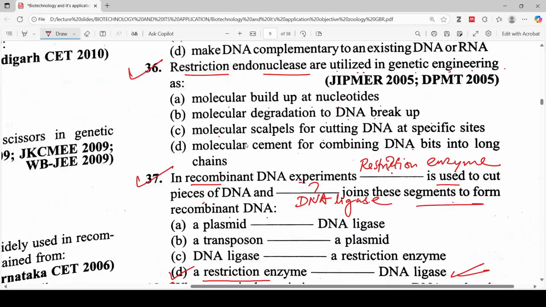So the correct answer for this question will be option C, the molecular scalpel for cutting DNA at specific sites. So that is the function of a restriction nuclease.